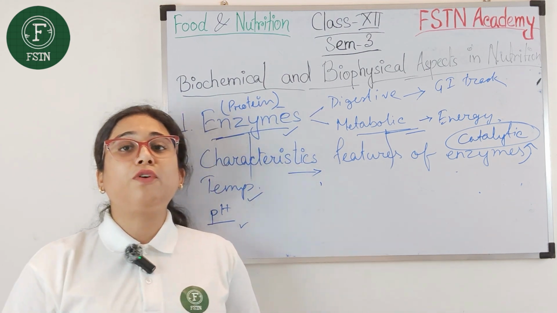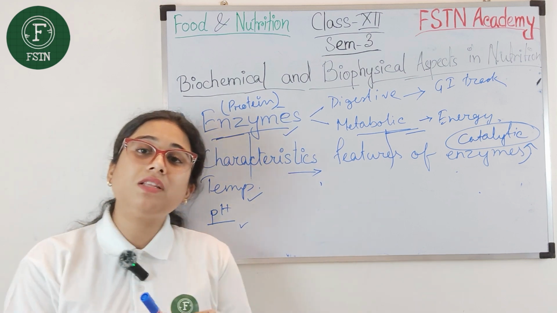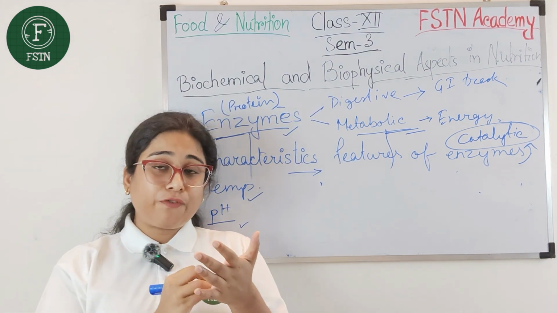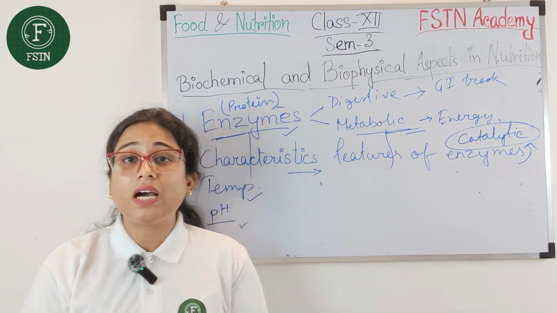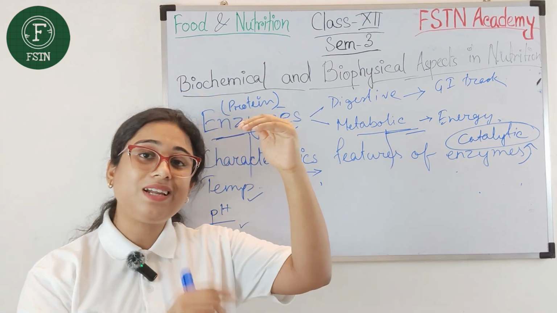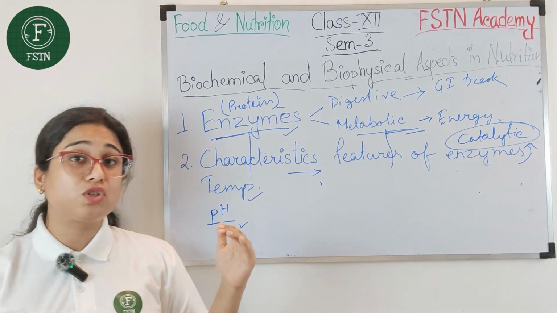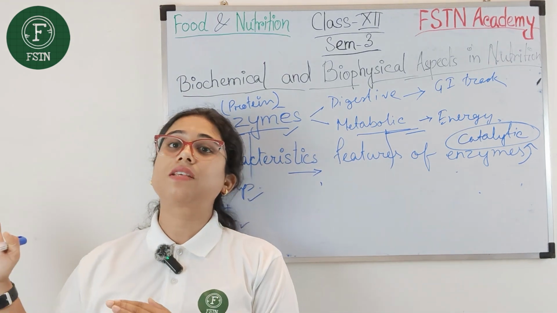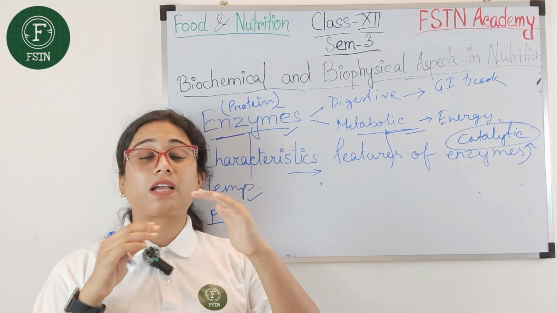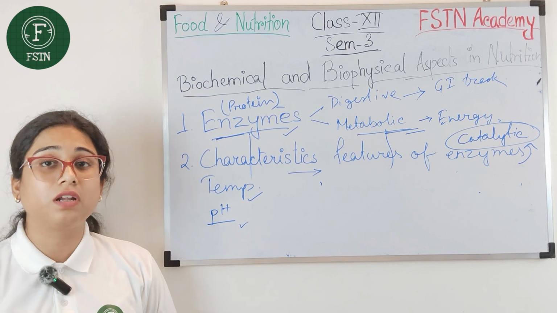So if we break down carbohydrate into glucose, we need amylolytic enzymes. And if we want to break down starch into glucose, we need the specific enzymes, not any other enzymes, not any other amylolytic enzymes either. The specific amylolytic enzyme is needed for the specific carbohydrate depletion.